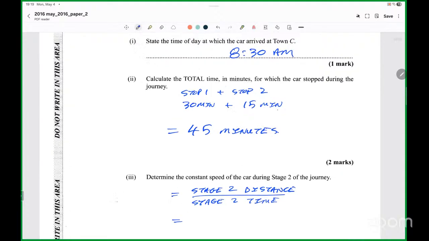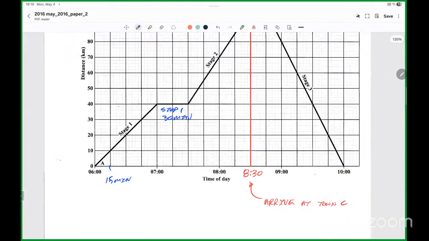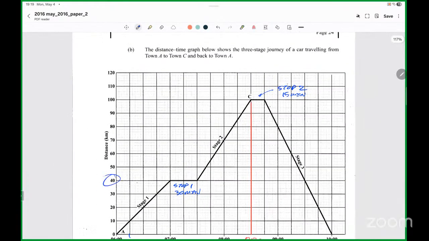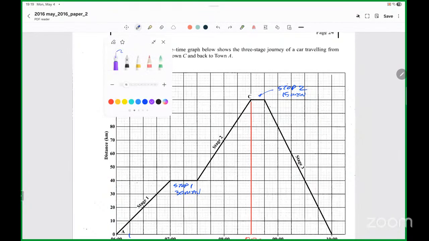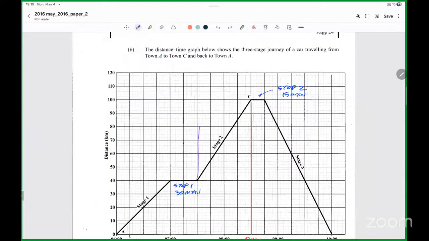What's the stage 2 distance? Stage 2 distance is from 40 up to 100, that's 60 kilometers. So stage 2 distance is 60 kilometers, and stage 2 time is this.